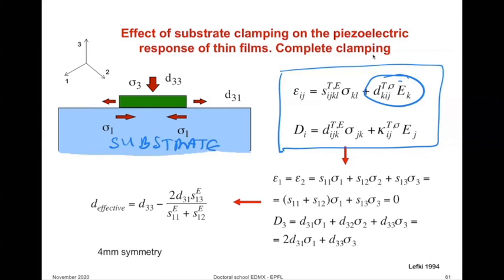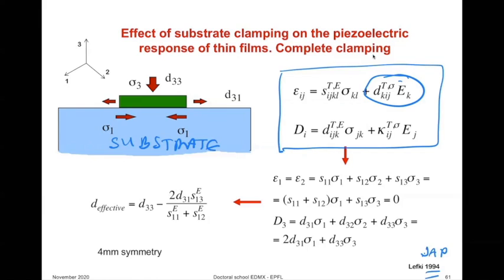And we will imagine that this substrate is infinitely rigid or infinitely thick, and that it cannot deform. This is an idealization of a problem. All substrates will be able to deform, but for the sake of argument, we will assume that it is completely rigid. And this example is taken from the paper of Lefke in, I think, Journal of Applied Physics in 1994.